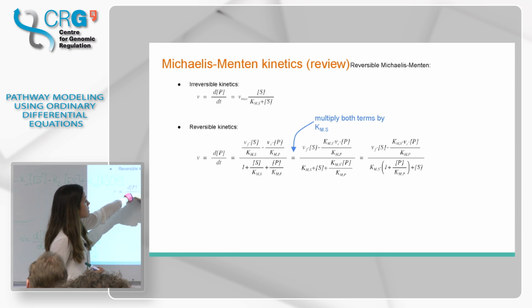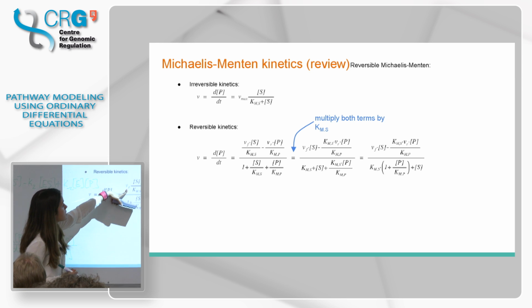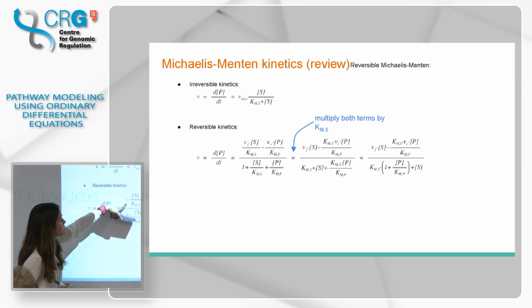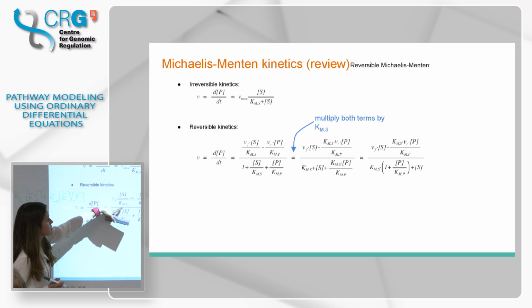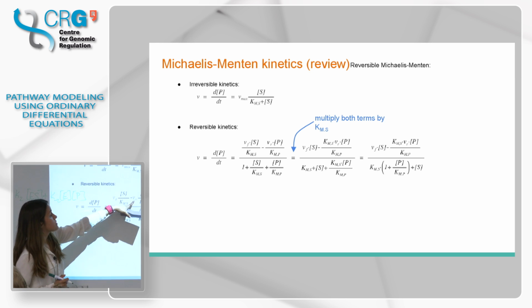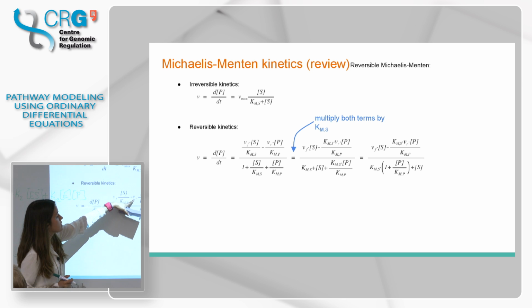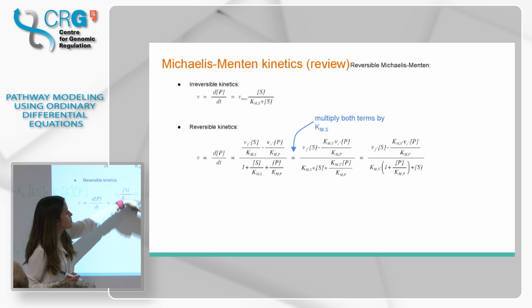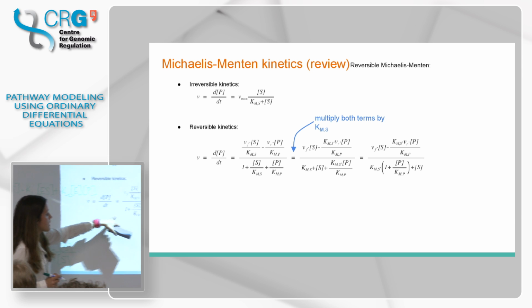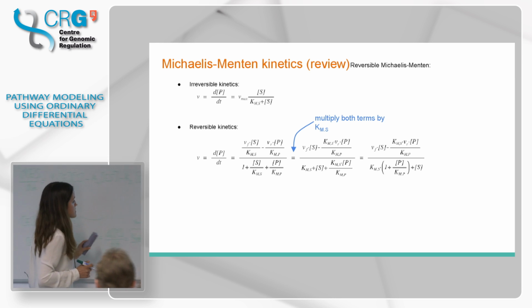So in this case, we have the forward rate multiplied by the substrate, divided by the constant for the substrate, minus the rate of the reverse reaction multiplied by the product, divided by the kinetic constant for the product. And here we have the same.